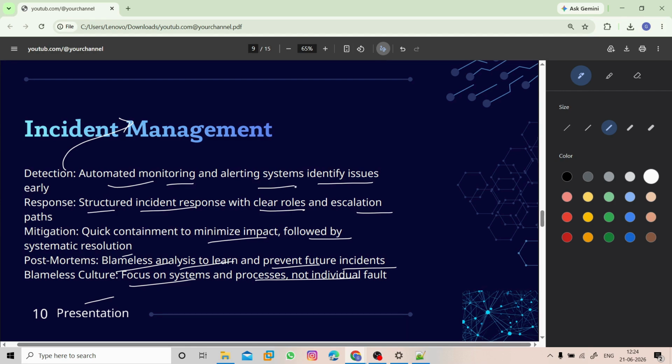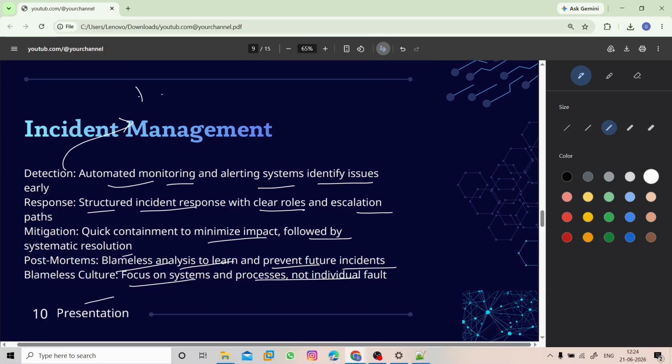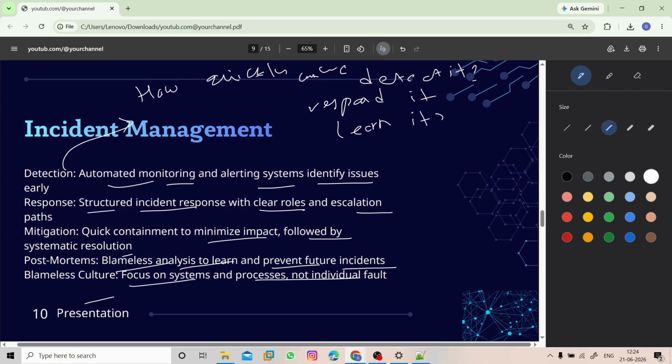So the questions are: how quickly can we detect, how quickly can we respond, and what do we learn from it.